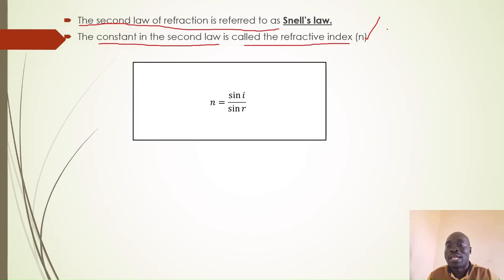Sometimes we also represent it with lambda, where the refractive index n is equal to the sine of the angle i over the sine of the angle r. And for glass, its refractive index is 1.5.